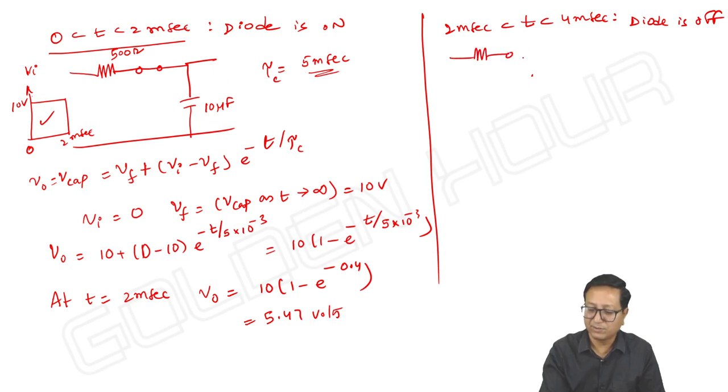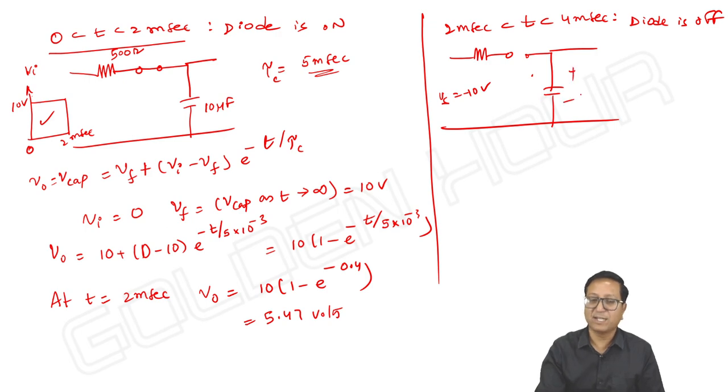Once the diode is off, there is no path for the capacitor to discharge. It is minus 10 volts. So the capacitor can neither charge nor discharge. It holds the voltage it has acquired. That is 5.4.